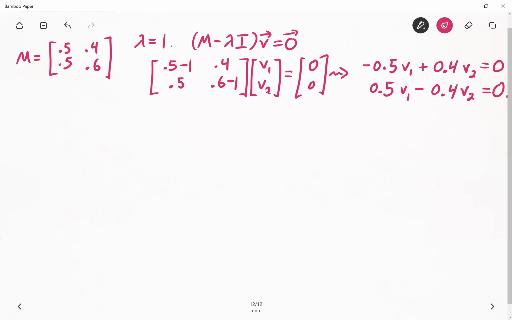All right, so I need to pick some values for v1 and v2, which will make this not too bad to solve. Let's see. I'd like to avoid decimals whenever possible.